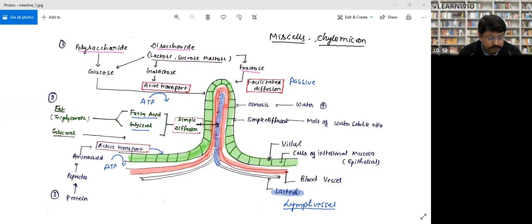Next, absorption of vitamins and electrolytes also takes place by passive process.